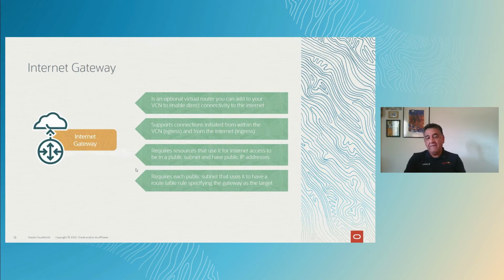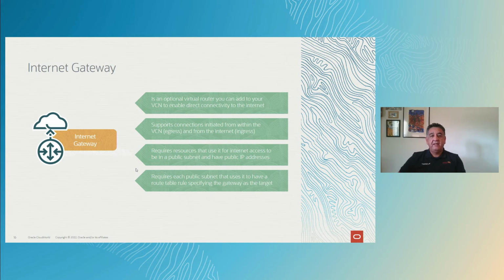Now let's take a look at how we communicate outside of the virtual cloud network. If you want to reach the open internet from your virtual cloud network, first you need a public subnet, and then you need the internet gateway, which functions like a router does in a real physical network. The internet gateway will allow bidirectional traffic. By bidirectional, I mean traffic originating from within the virtual cloud network and traffic originating from the internet.